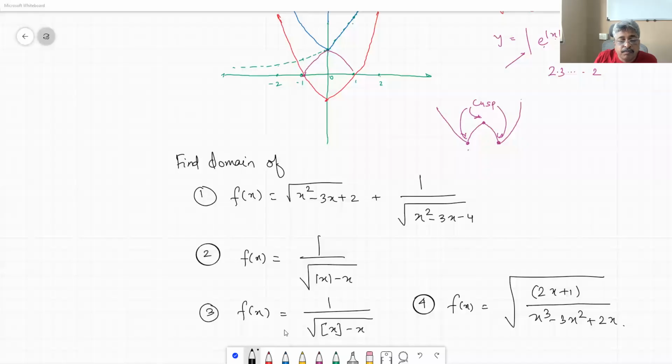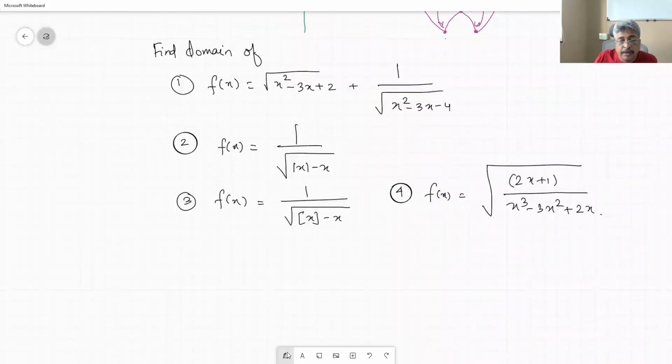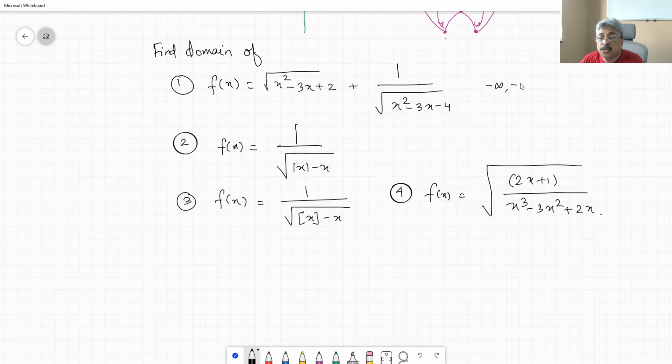Now the answer for the first is -infinity to -1, open, union, 4 to plus infinity, open.